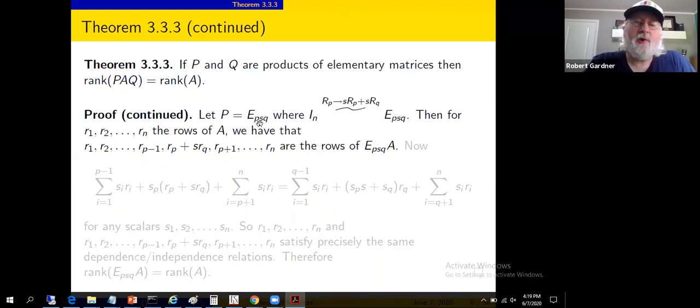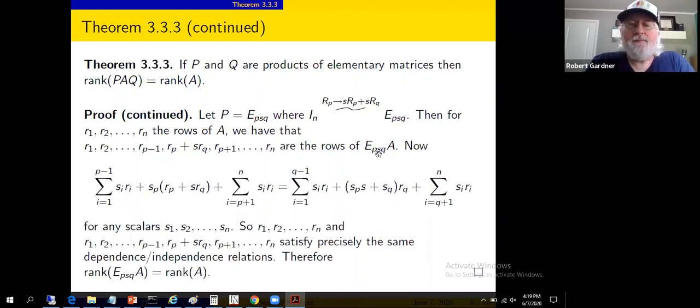To the pth row, we're adding s times the qth row. My notation. All right, so the rows of A, say, are r1 through r sub n. The rows of E sub psq times A are r sub 1 through r sub n, except the pth one, which has become r sub p plus s times r sub q, because that's the elementary row operation.